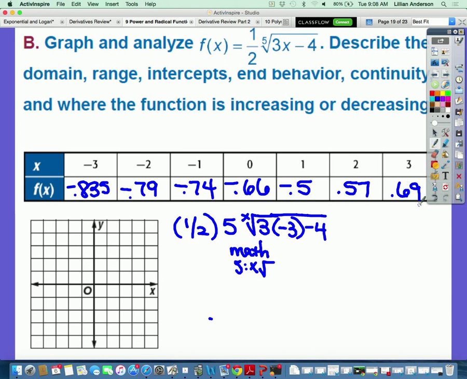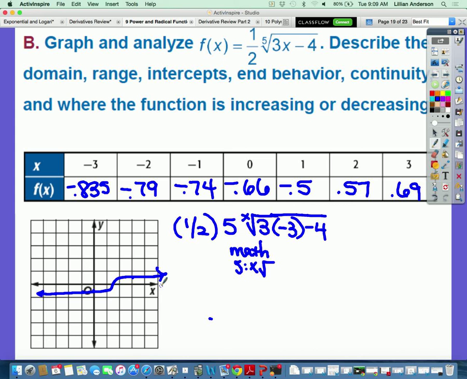So when you plot these, you have something very similar to that odd power function, or when n is odd, like that other screen, okay?